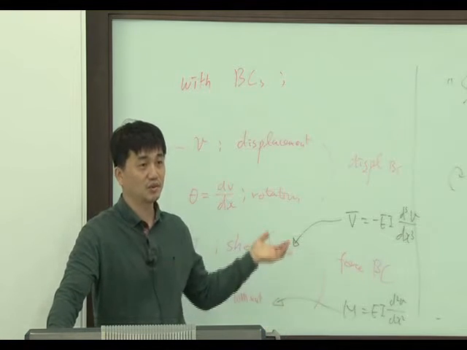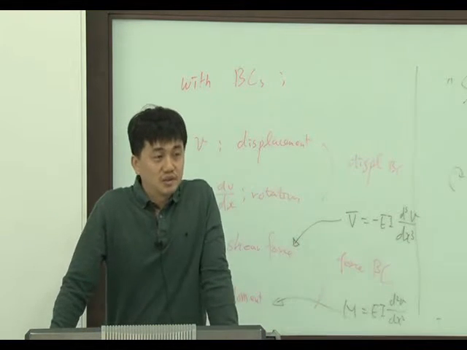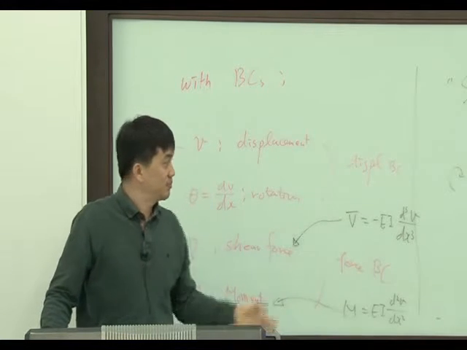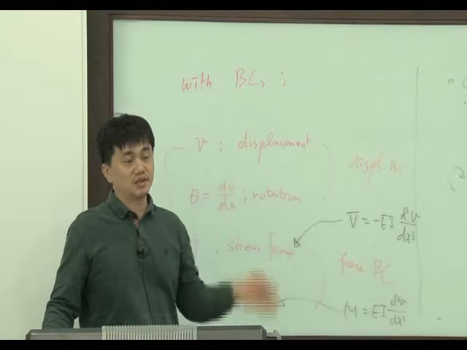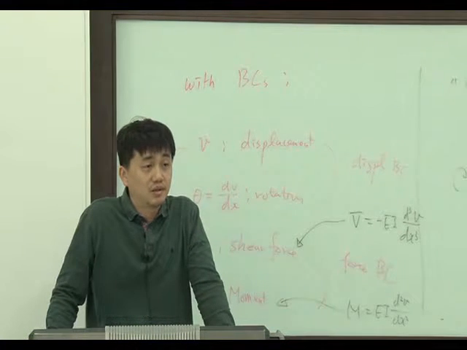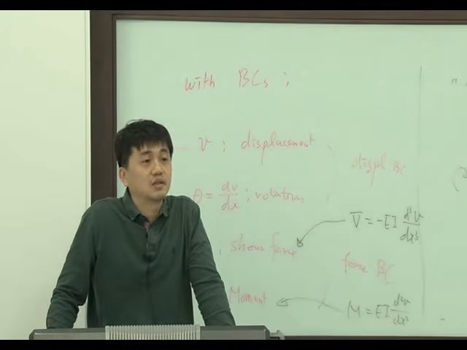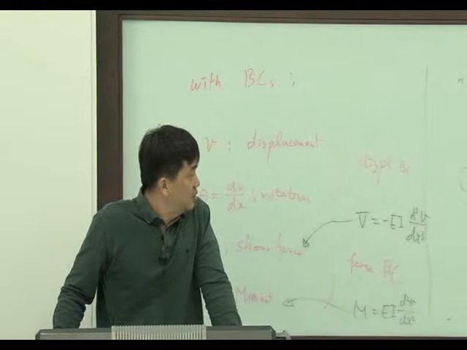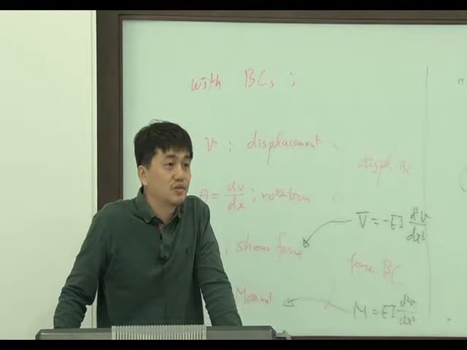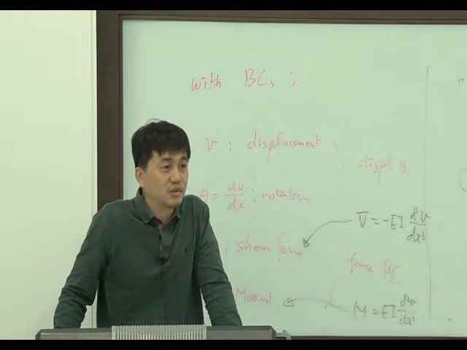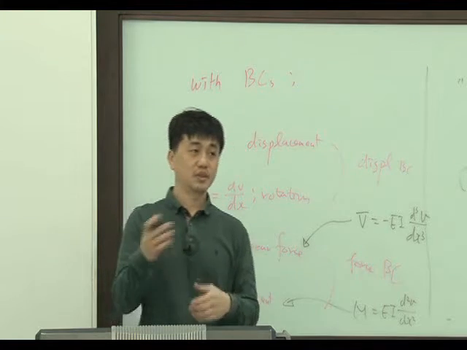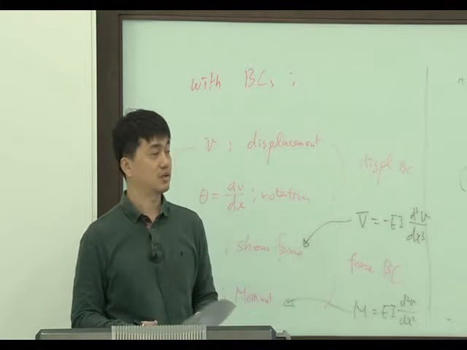Because now we know all the fundamentals about solid mechanics, so my derivation is related to the solid mechanics governing equations. But in undergraduate school, you don't know about solid mechanics, right? So you have a little bit different derivation.